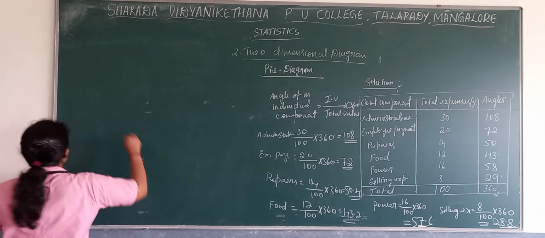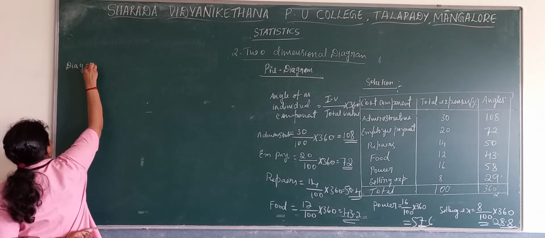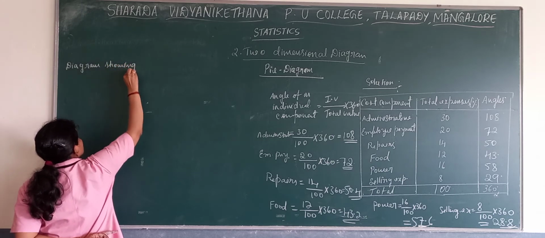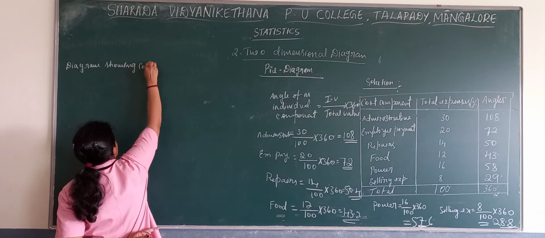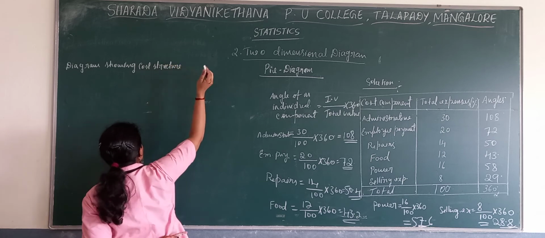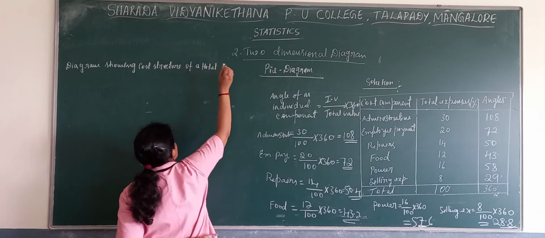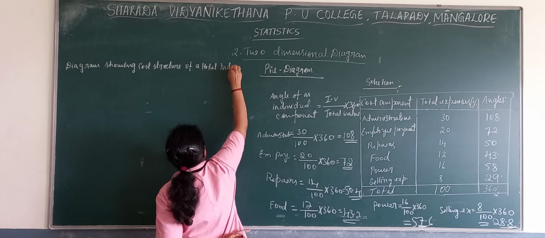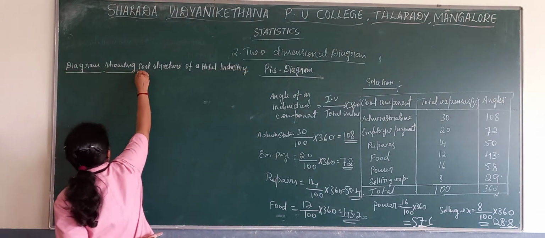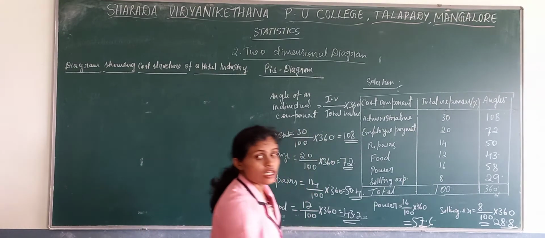Now we'll write: diagram showing pie diagram showing cost structure of a hotel industry. This is the diagram. Now draw a circle.